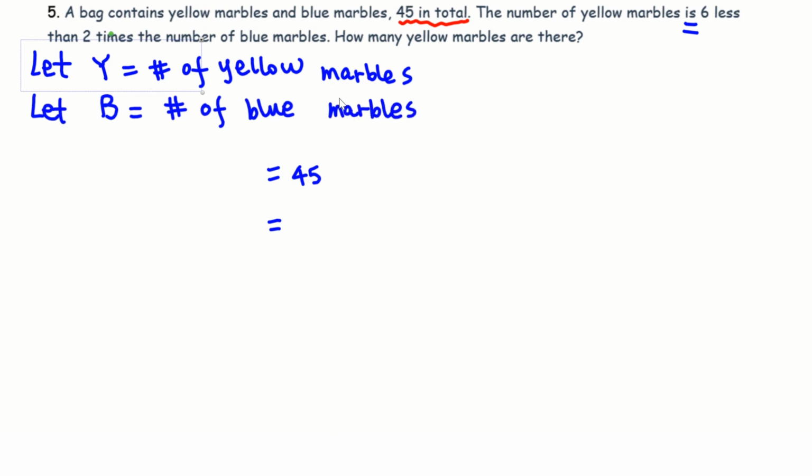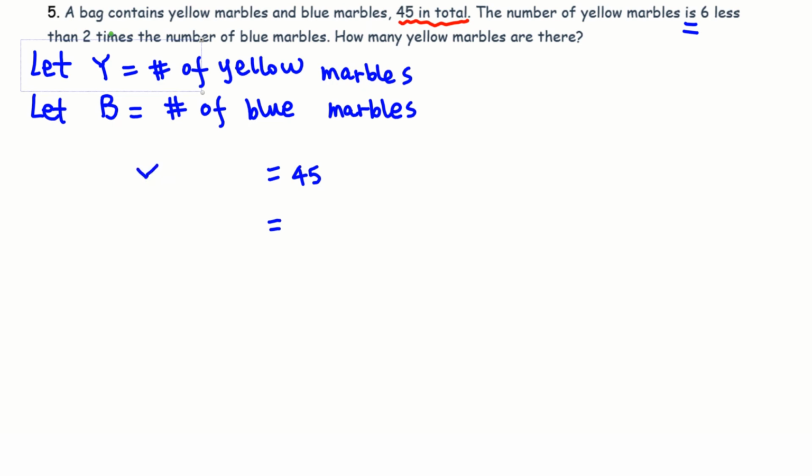This question you could also solve by introducing 1 variable, but because we are practicing solving linear systems, we want to introduce 2 variables. So it contains yellow marbles and blue marbles, 45 in total.